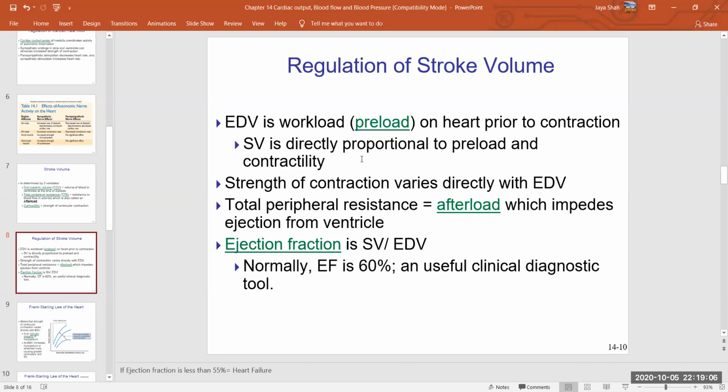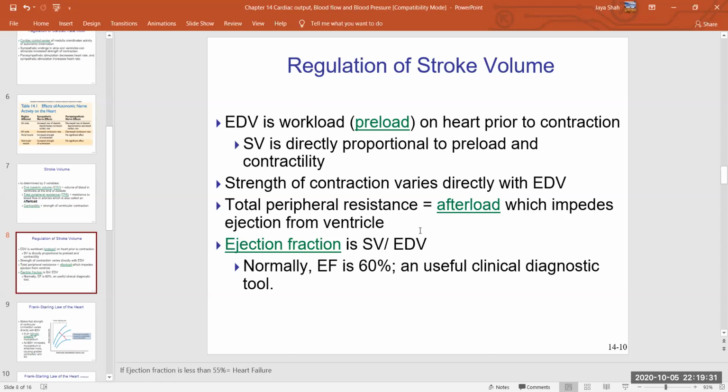Okay. So if there is more EDV, there will be more preload, and more preload will produce more forceful contraction. Okay. Strength of contraction varies directly with EDV. That means higher the EDV, stronger the contraction of the ventricle.